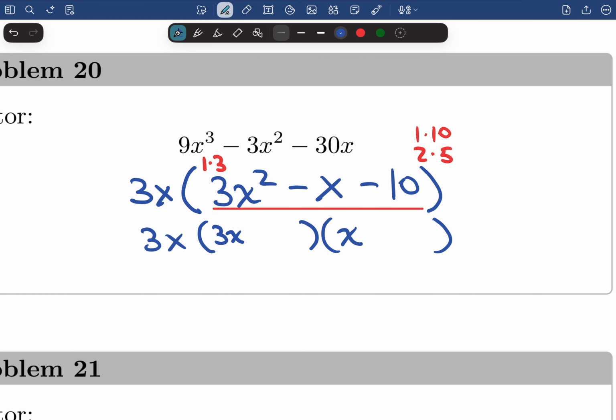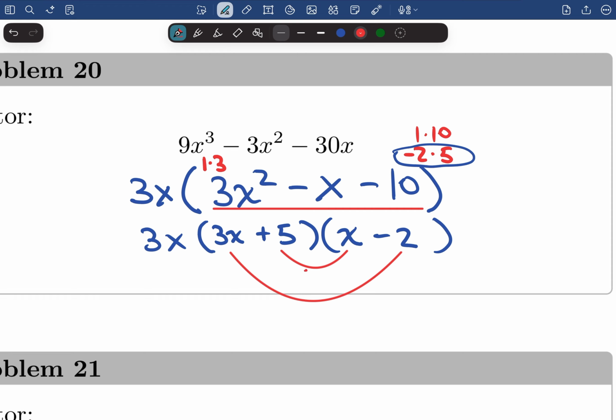So I'm going to take the 2 and the 5 right here, and I'm going to make the 2 negative. And I'm going to place that negative 2 right here, and I'm going to place the positive 5 right here. And you'll wonder, why did you decide to do that? Well, because I can see the inner and outer terms of FOILing starting to work, and so can you, right?